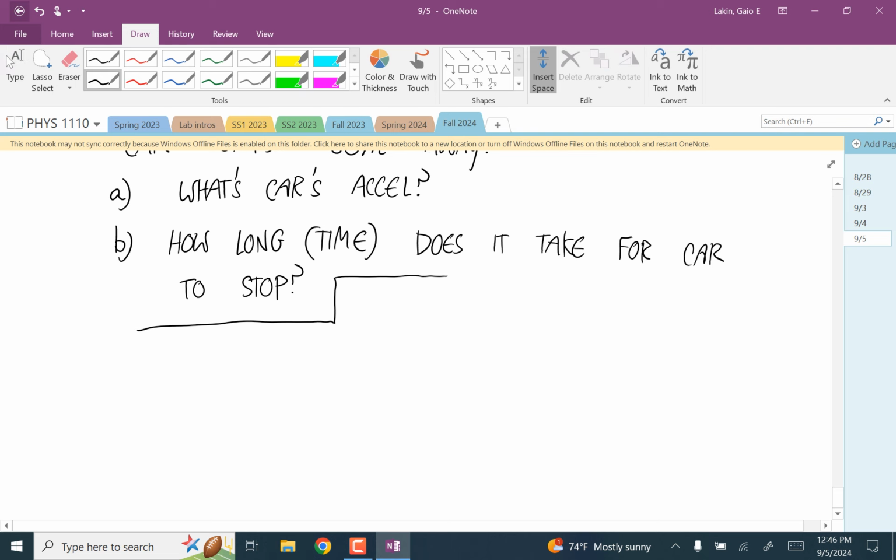All right, well, here is a drawing of what's going on. So here are the 2 points. At this point, the car has a speed of 40 meters per second.